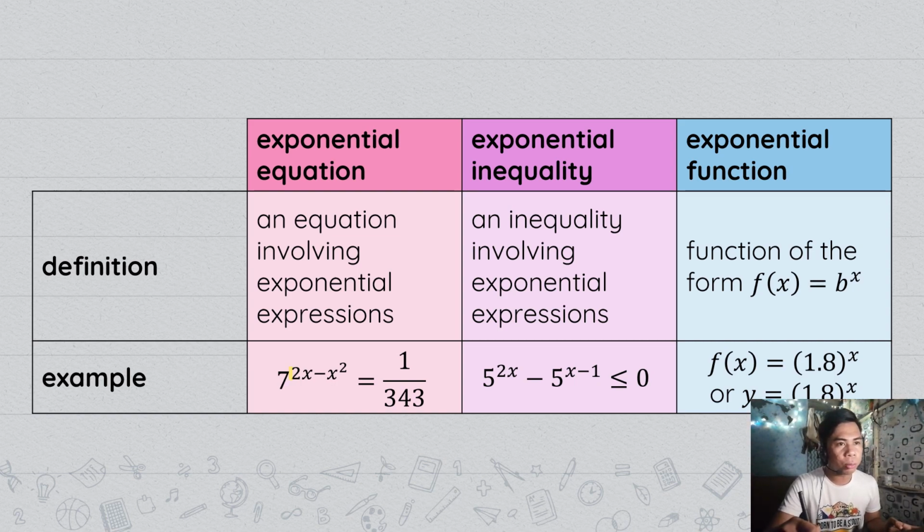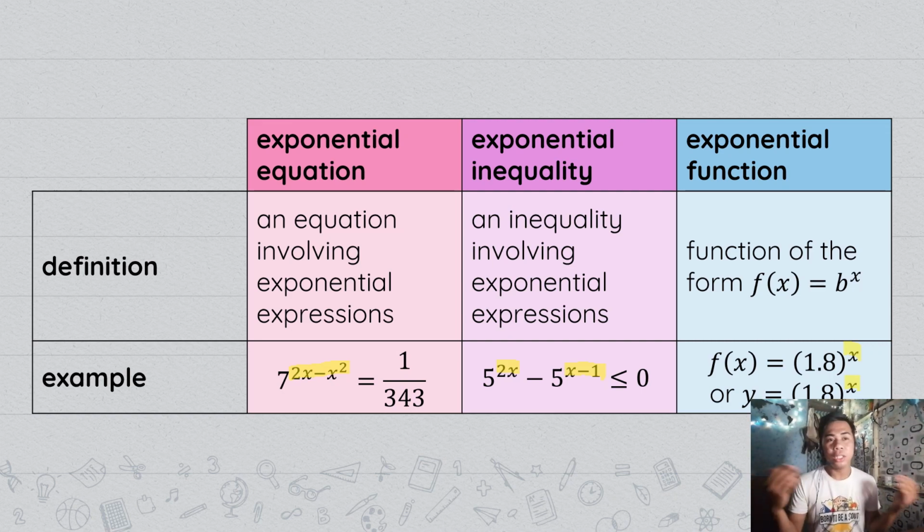What can you notice with our exponents? I'll highlight all the exponents. What can you notice with our exponents? Very good. Actually, why am I talking to myself when this is asynchronous?